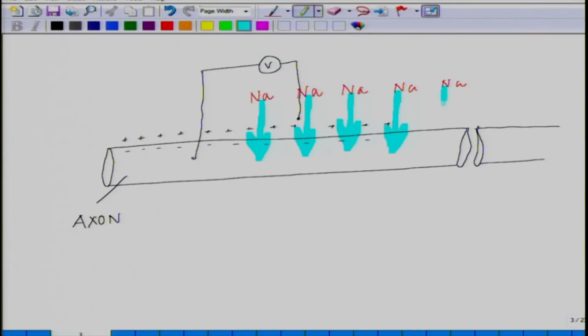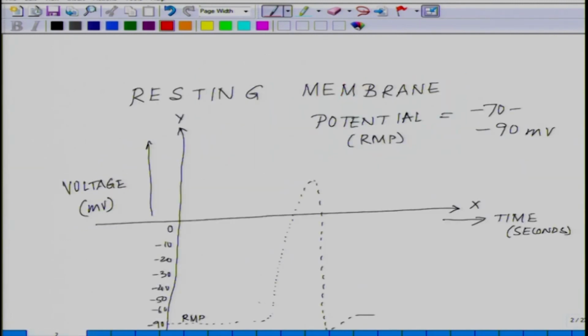As the sodium ions are increasing inside, the inside of the cell becomes more positive. Now, go back to this picture. So, this is the zone where sodium is entering.